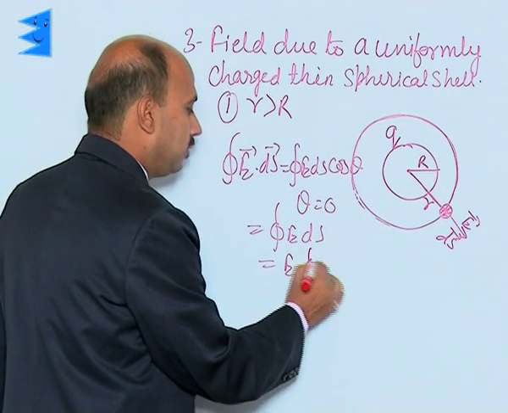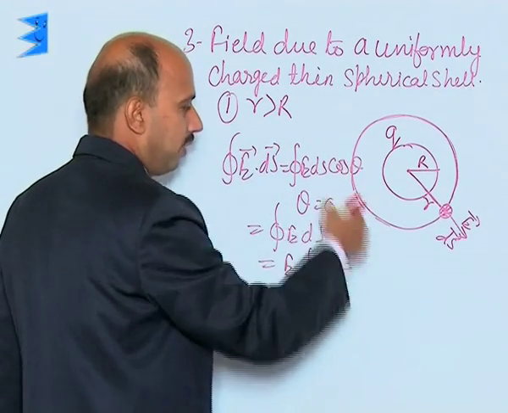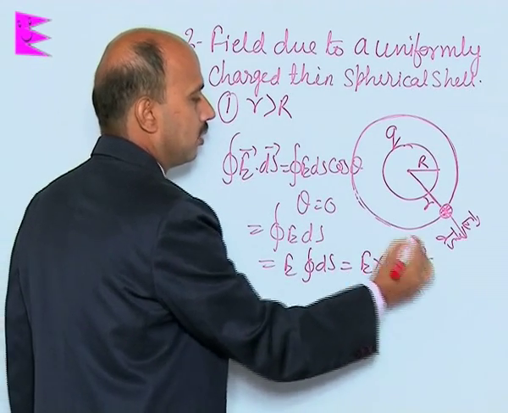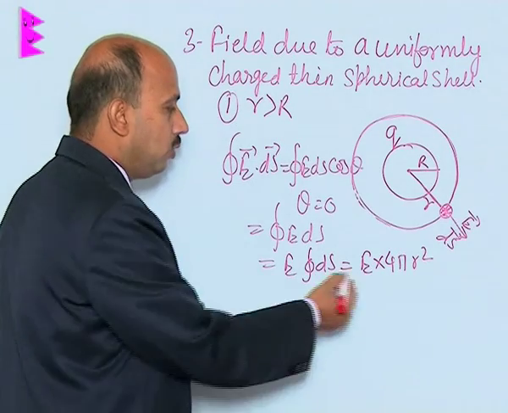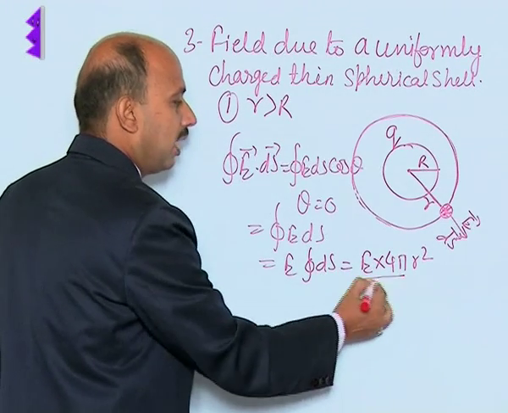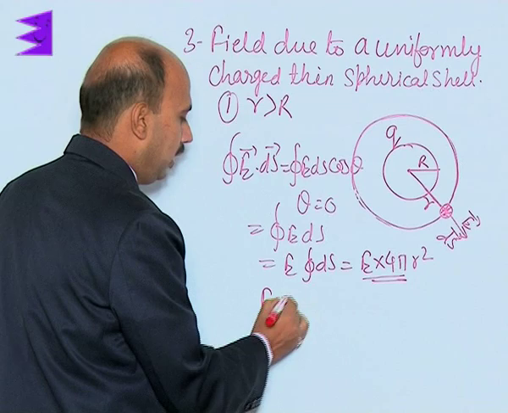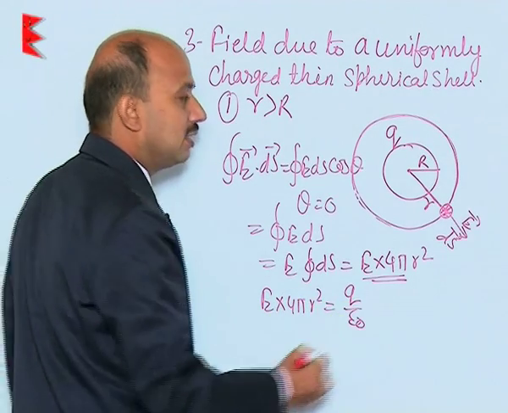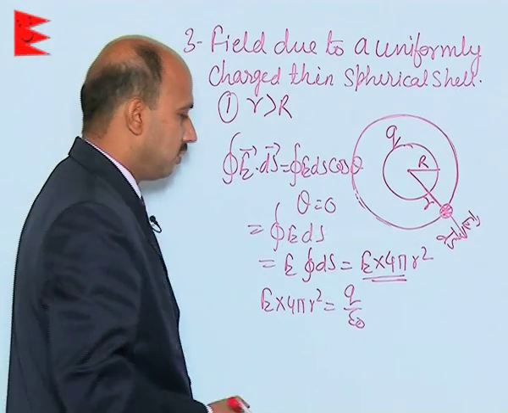Here we write integration of ds, that is the whole surface, so that is E into 4 pi r square. Now, according to Gauss theorem, E into 4 pi r square is equal to q by epsilon naught, the net charge enclosed by this Gaussian surface.